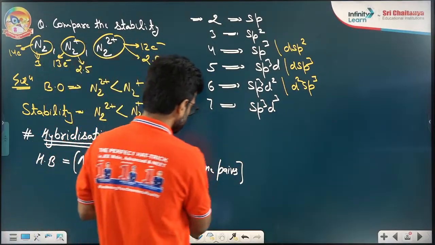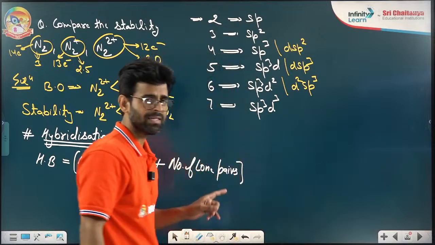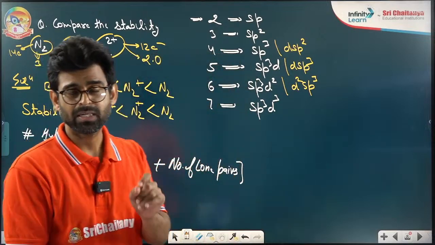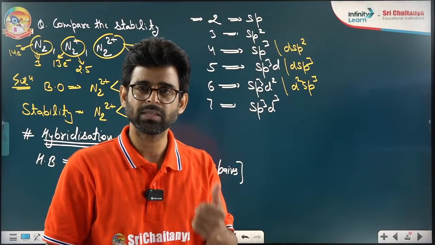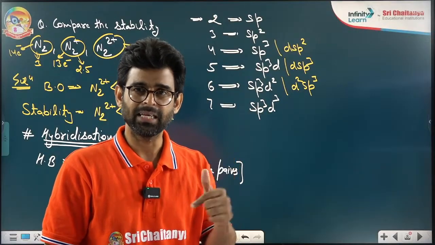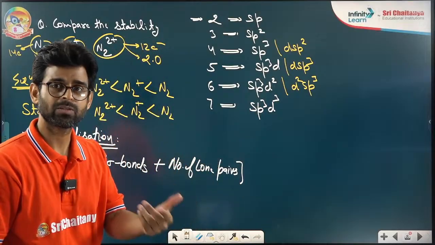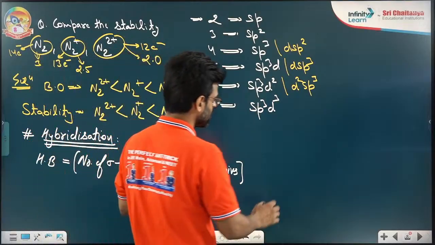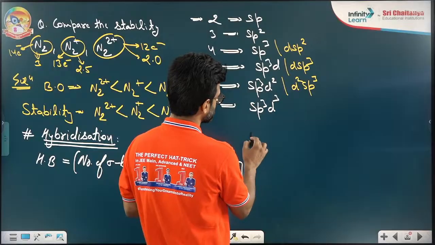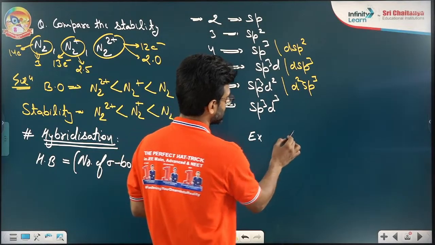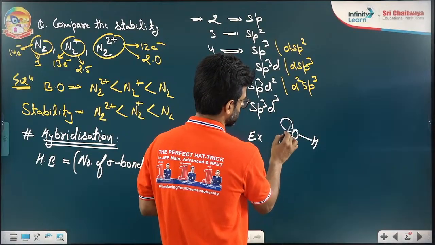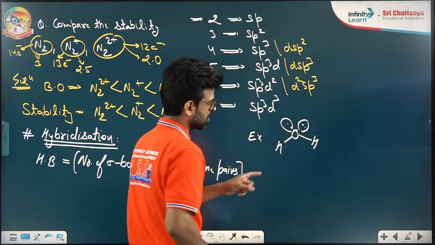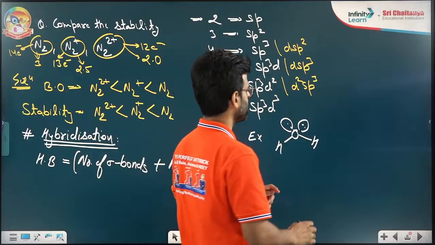I'm saying you will use this trick when you have the structure. You have the structure, you made the structure using the previous concepts, and then you want to find the hybridization also. Imagine, the very simple examples I am taking, 1 or 2. Imagine there is water, with this structure.